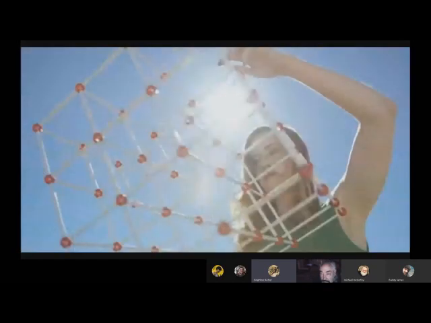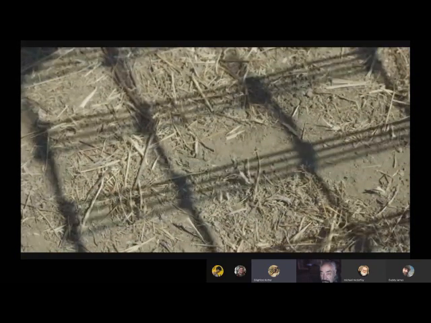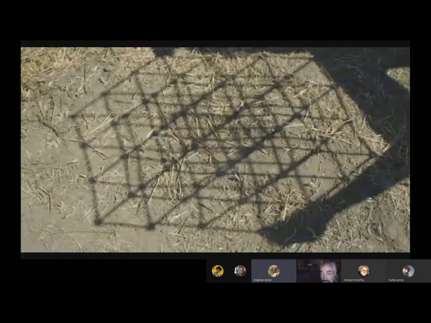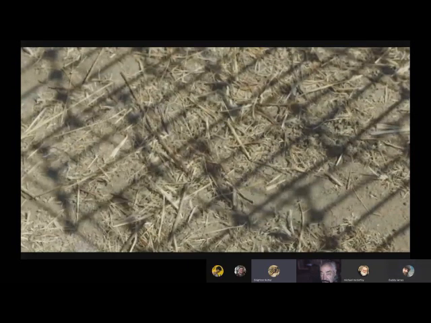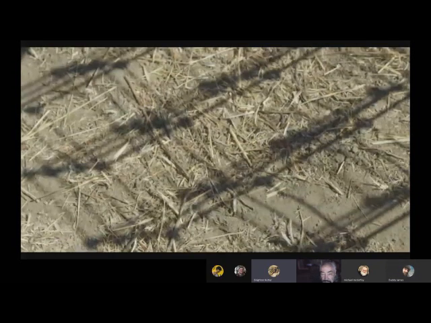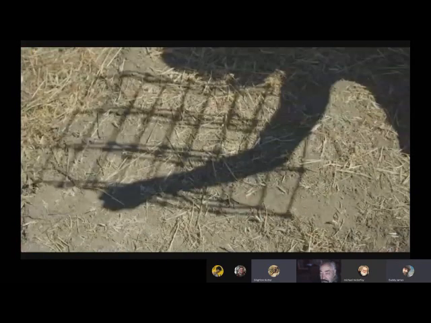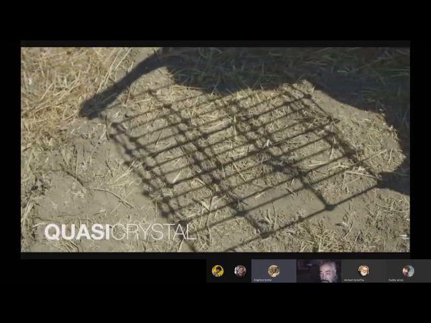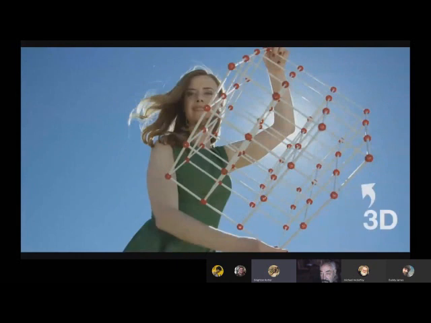That 2D image also has a pattern, but it isn't periodic. So, it's not a crystal. But there's a deep connection between the 2D object on the sand and the 3D mother crystal. This distorted 2D pattern is called a quasi crystal. A quasi crystal in a certain dimension, in this case 2D, is a projection of a crystal in a higher dimension, in this case 3D.